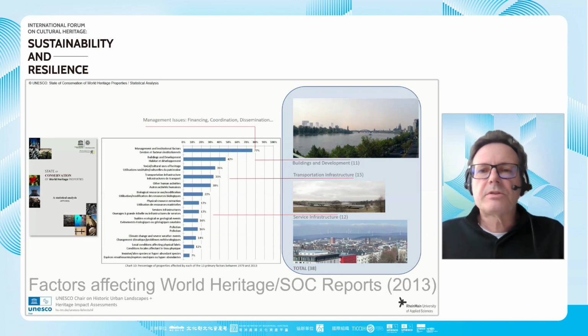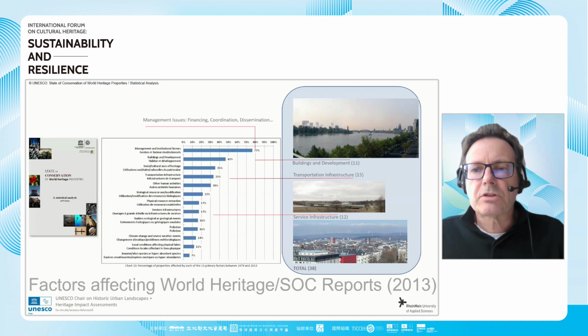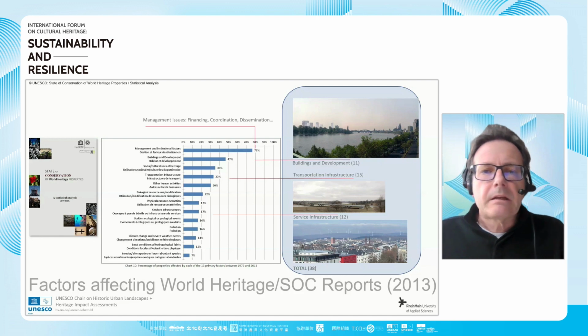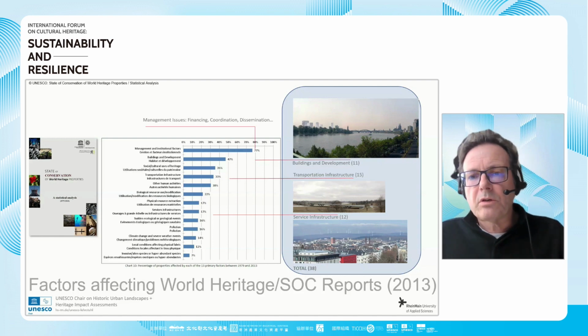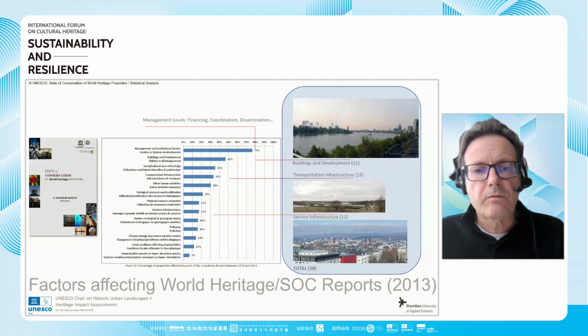Then at least 30% would suffer from transportation infrastructure and new development projects or buildings. In Germany, we do have at the moment a lot of discussions about alternative energies and how this is going to transform heritage properties. So also climate change will have a major impact on heritage properties and World Heritage properties in particular.